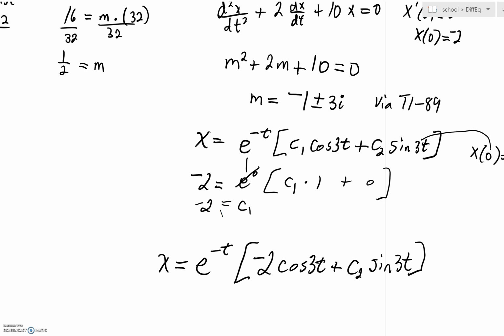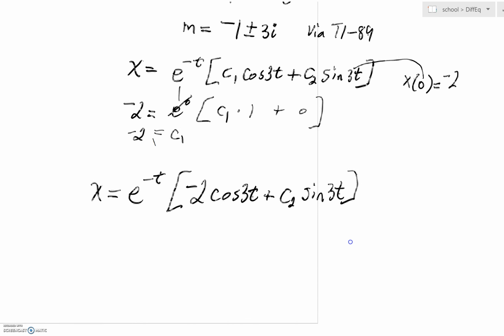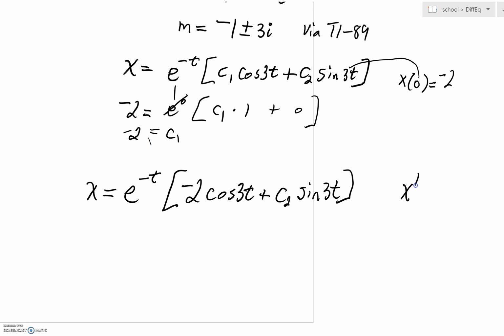We just need to use our other initial condition. We're going to need to say x prime of 0 was equal to 0. Remember, we were told that we were starting from rest, and that's really saying that your velocity is 0.